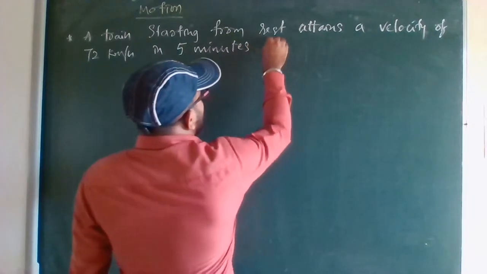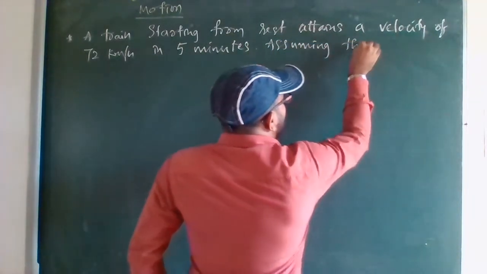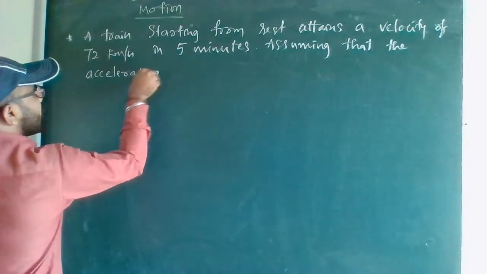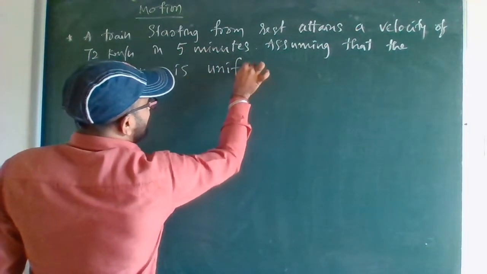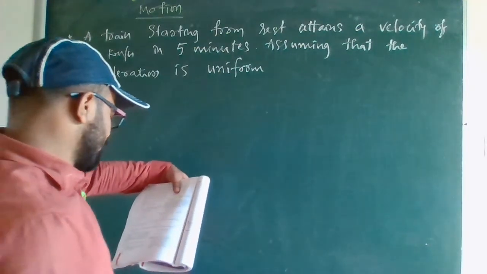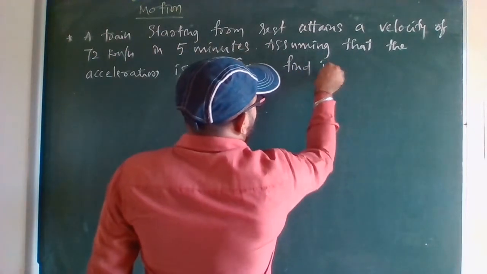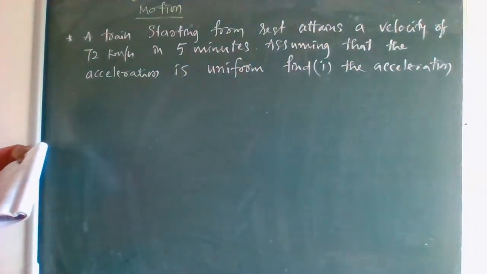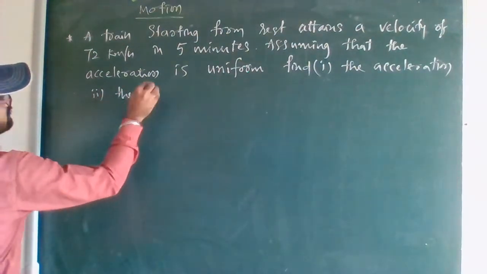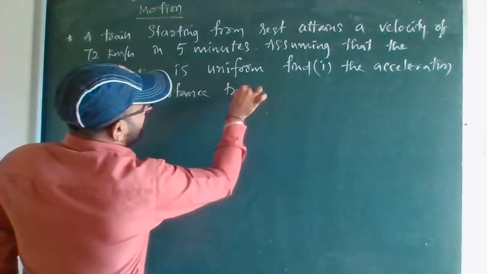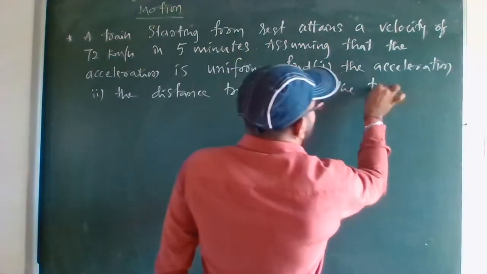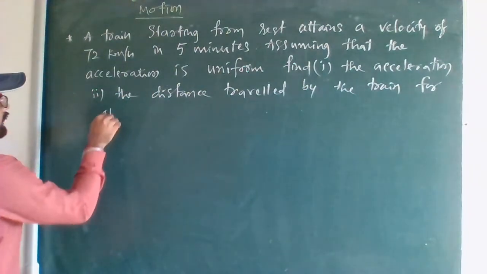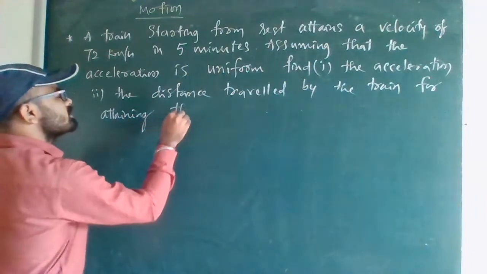Assuming that the acceleration is uniform, find the acceleration and the distance traveled by the train for attaining this velocity.